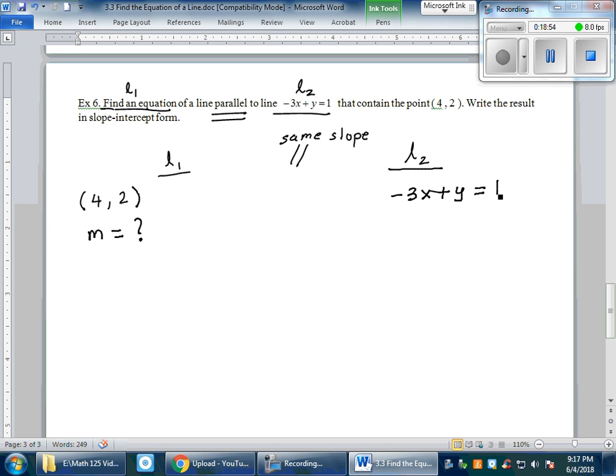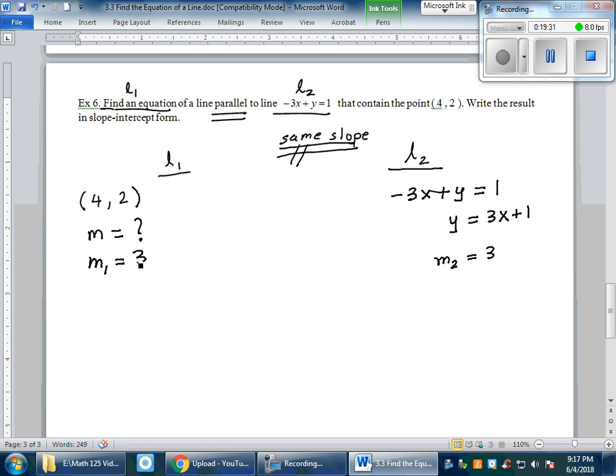So to find the slope of line 2, I put it into slope-intercept form, y equal to, adding 3x on both sides, which tells me the slope of line 2 is equal to 3. Since they have the same slope, the slope of line 1 must also be equal to 3.